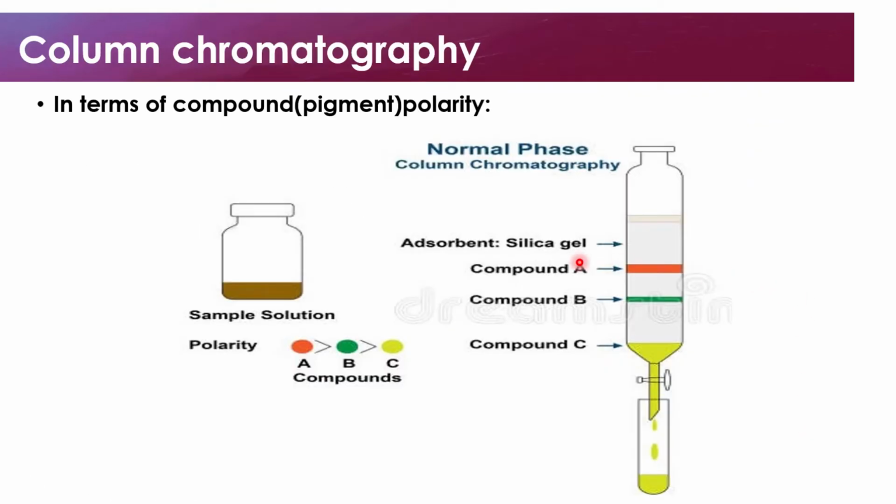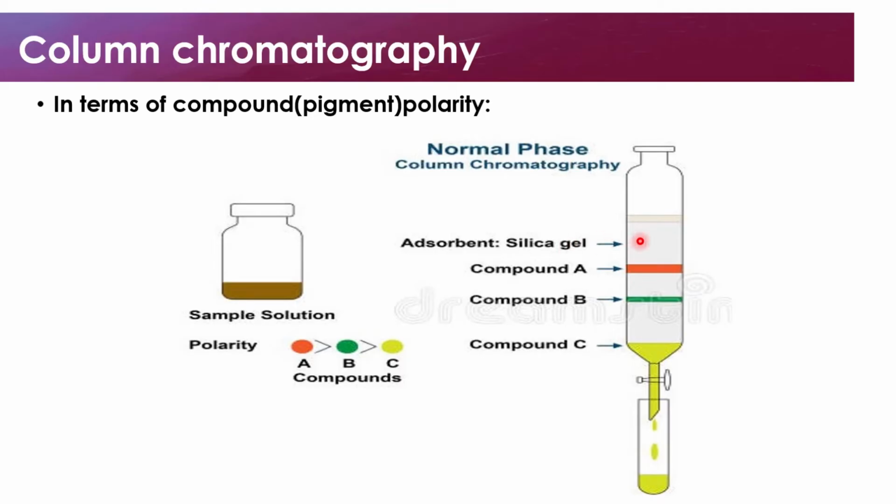Let's now look at how compound polarity affects our result in column chromatography. I will explain this using this diagram. We can see this is our glass column, and this is our silica gel, which is a polar material used as the stationary phase.